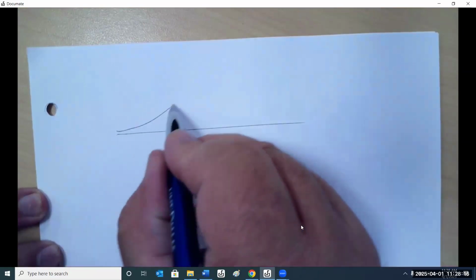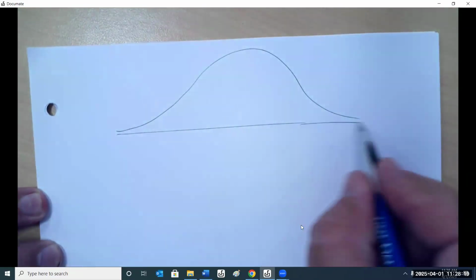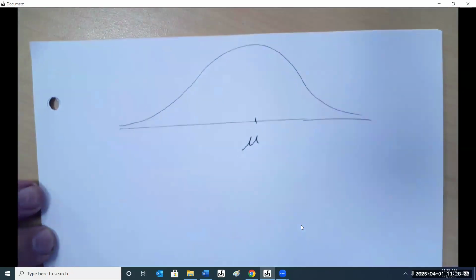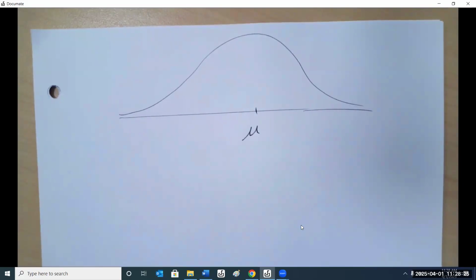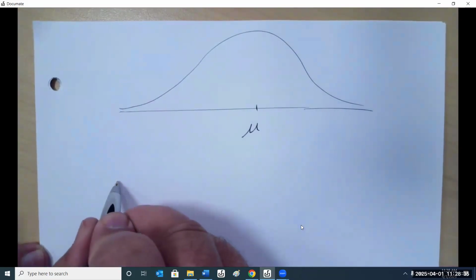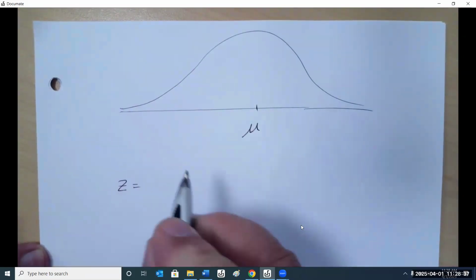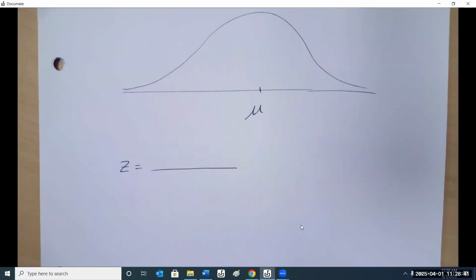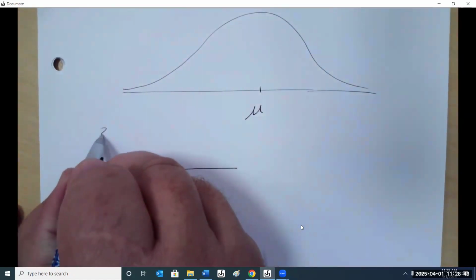Now, since it's continuous, we have our mean in the middle, and we have standard deviations on both sides. How do we go about calculating these? The formula we use to convert from our discrete numbers to our continuous numbers is called the z-score.